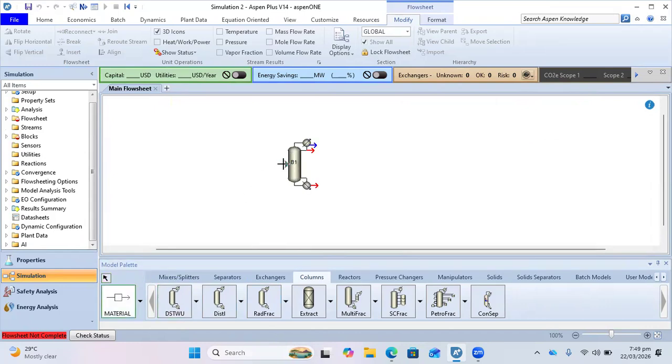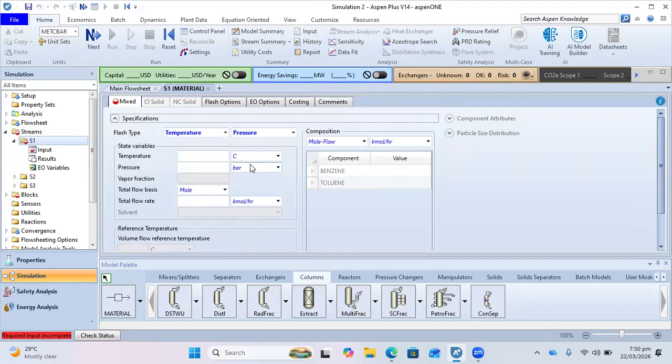Then we'll add our streams. Remember, where we see the red arrows, those streams are compulsory. So we'll add them, and then we can specify the feed. We always specify the feed and then the blocks. The temperature we said we are using was 92.0792, or approximately 92.08. The pressure was 1 atm.